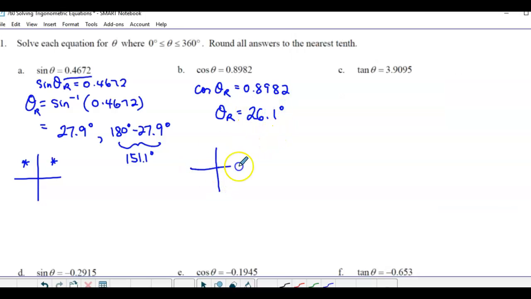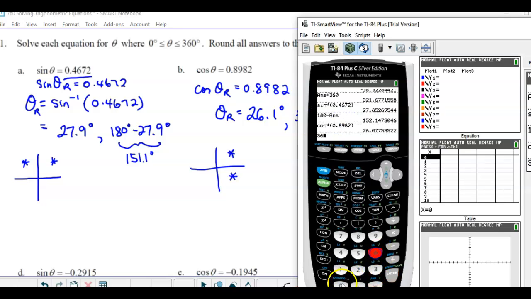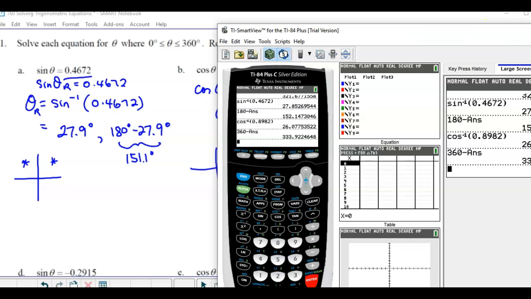So, where is cosine positive? First quadrant and fourth quadrant. So this is in your first quadrant. Now your fourth quadrant, that's going to be 360 minus 26.1. Okay, so 360 minus that answer is 333.9.